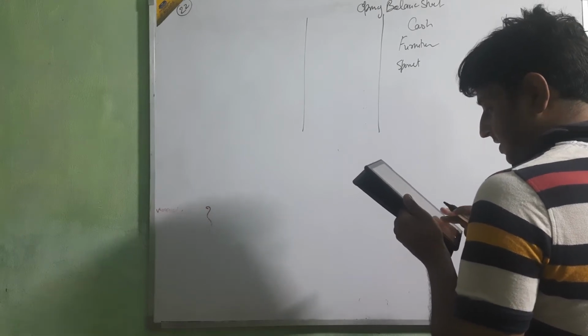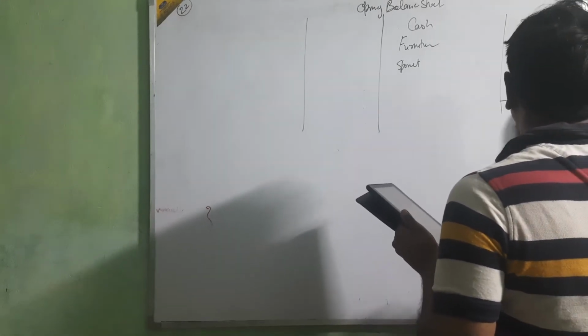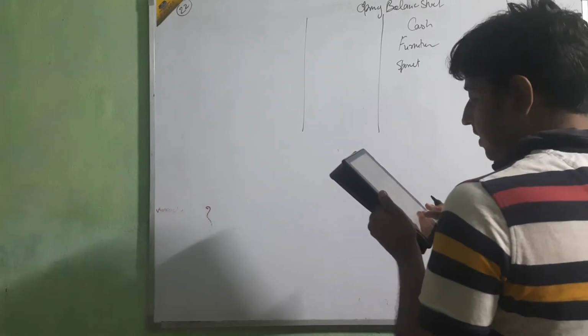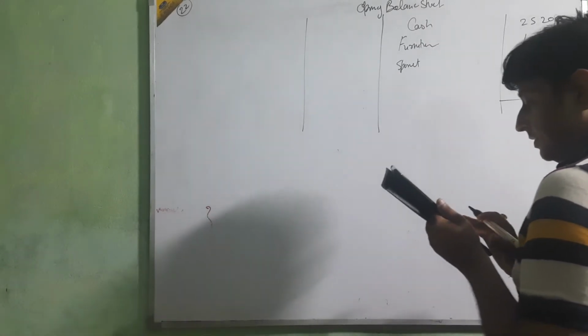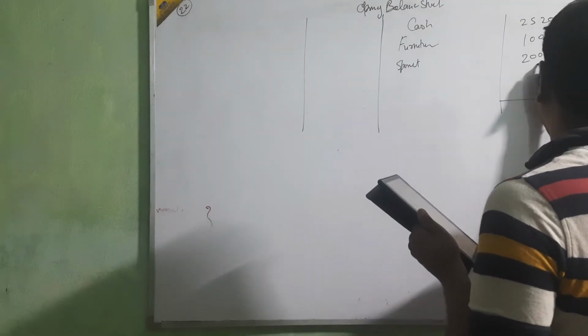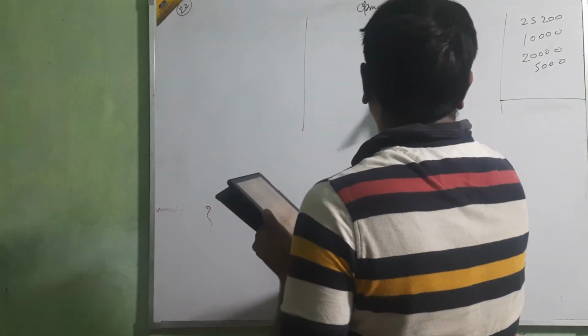And one more information there, beta. Advance and outstanding both is given, na? So subscription outstanding of last year 5,000.